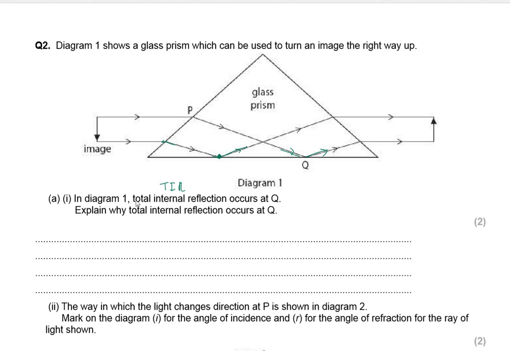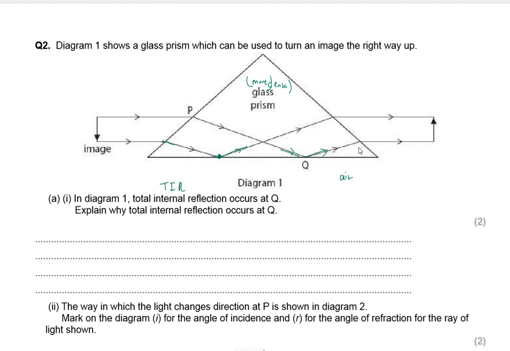Now, why is total internal reflection happening in this particular case? Okay, at Q. Why is it happening at Q? Now glass, we know that glass is more dense. And air, well, we can assume that it is air. Okay, but it's not telling us which one it is.